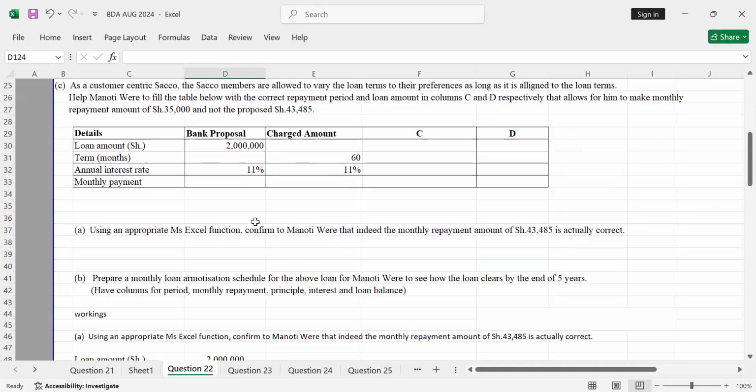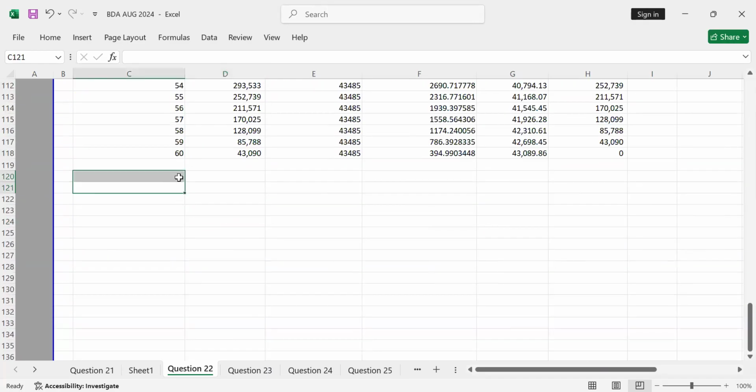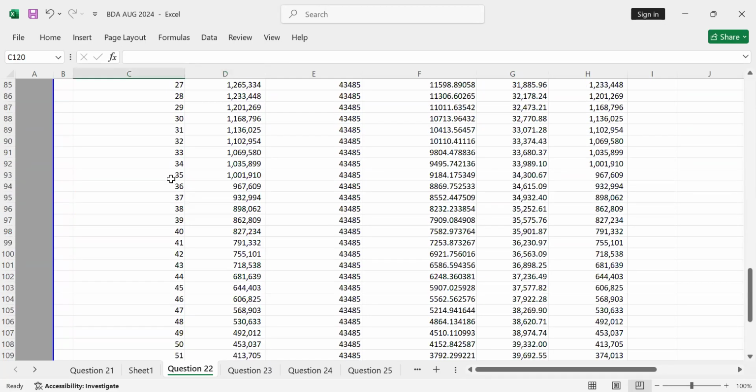and not the proposed amount. Let me just have it here so I can copy that.